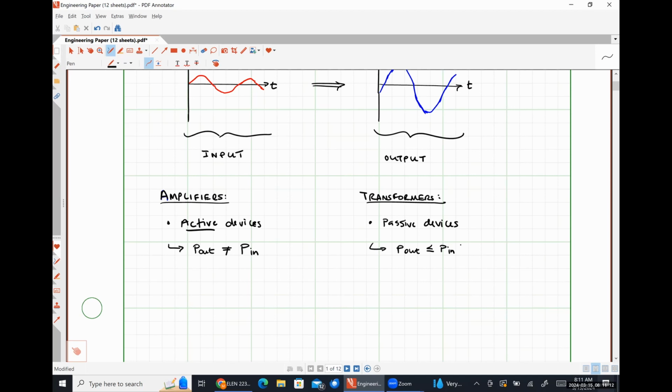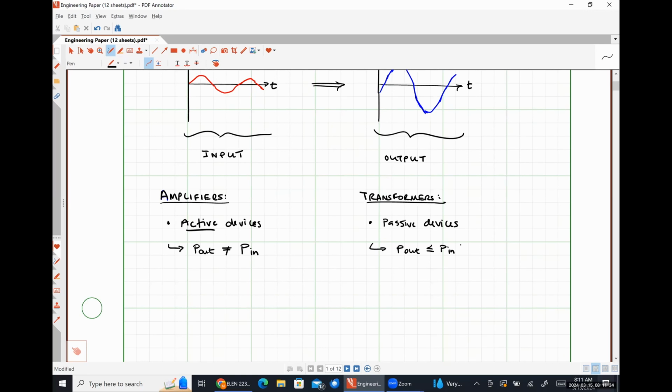When the output power is equal to the input power, we have what's called an ideal transformer, where there are no power and energy losses whatsoever, but any real transformer is going to have losses because it's made of real things like wires, which heat up when you pass current through them, right? So that's a big fundamental difference between these two things.